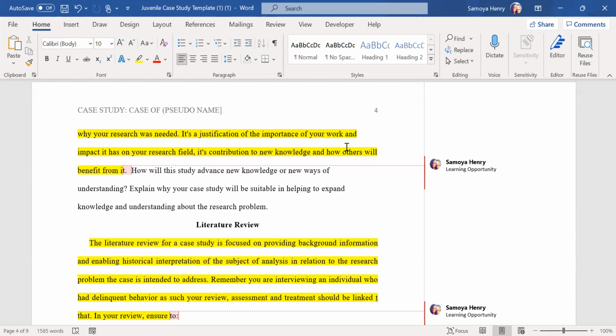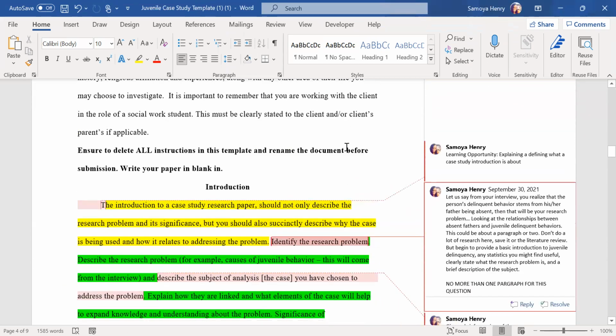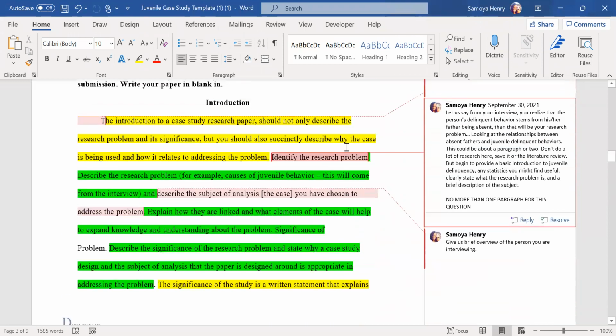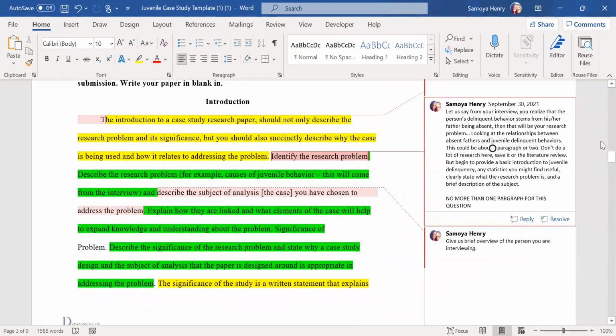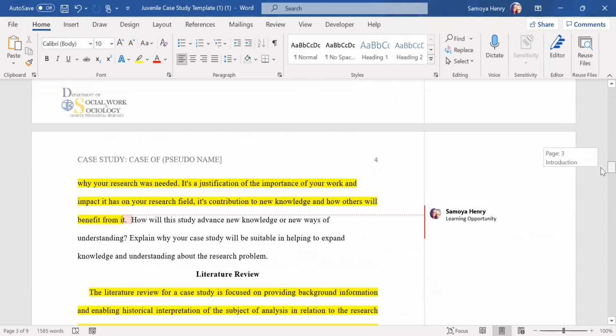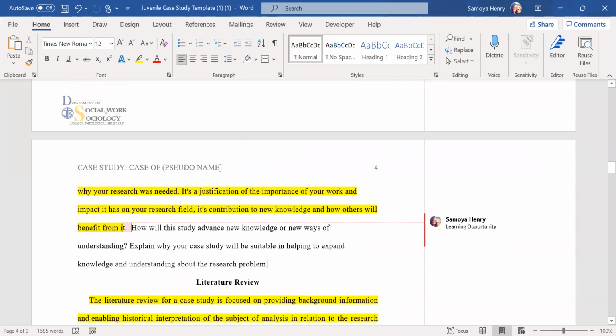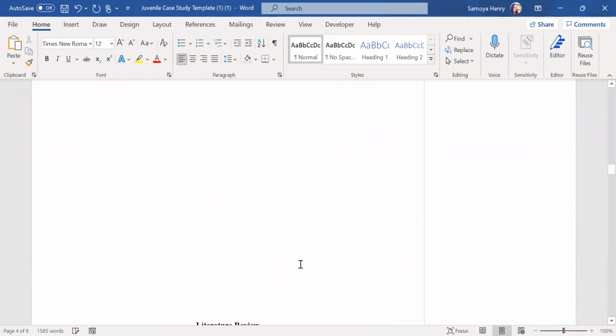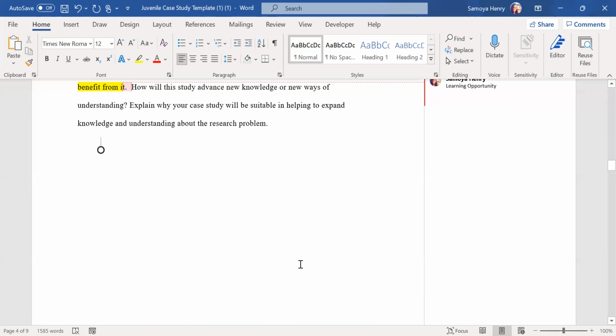All right, so let us write. So I'm just going to put this down and I'm going to write an introduction.